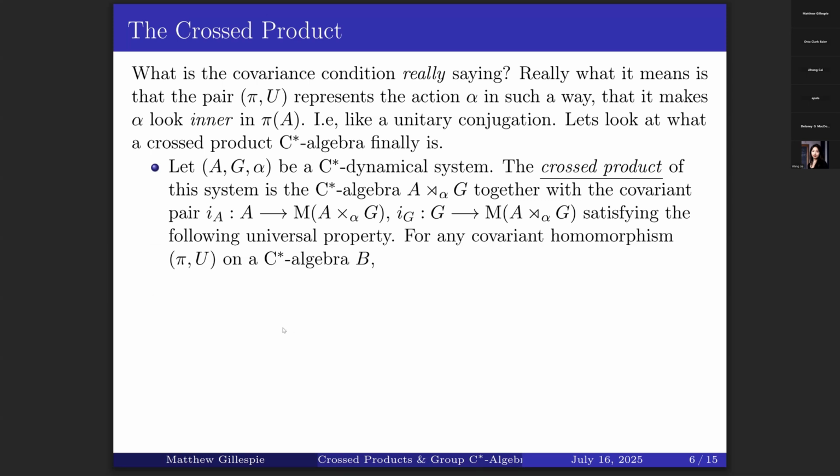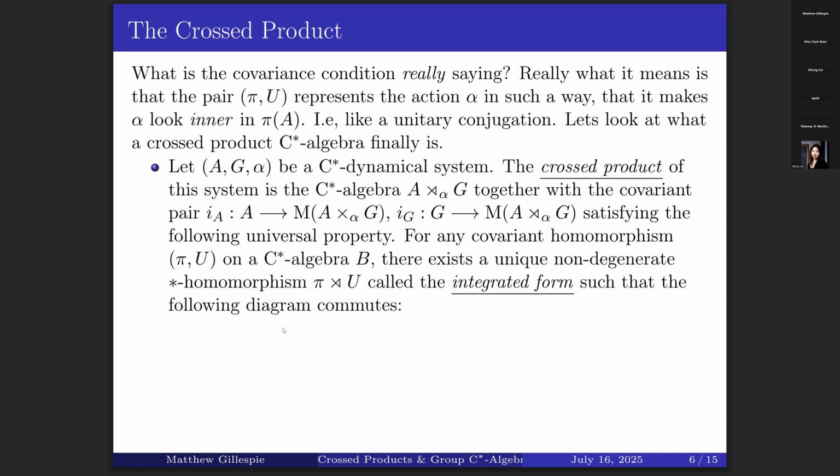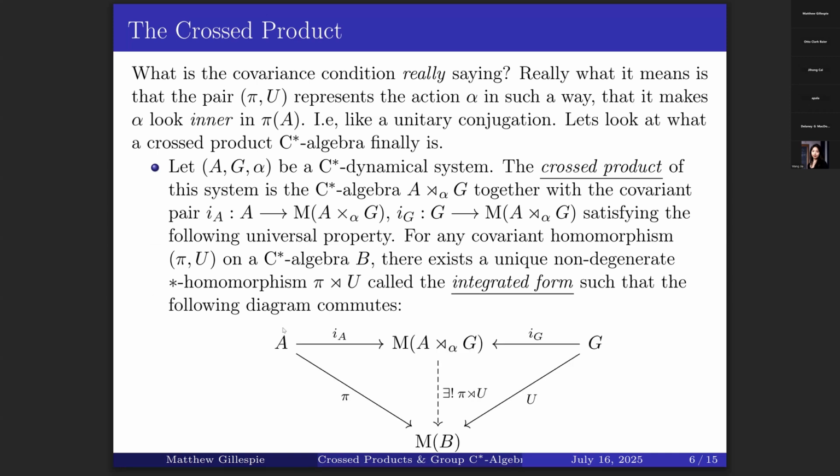For any covariant homomorphism pi and u on a C-star algebra B, there exists a unique non-degenerate star homomorphism pi cross u, which is called the integrated form of the covariant homomorphism, such that the following diagram commutes. This is the universal property of what a full cross product is.